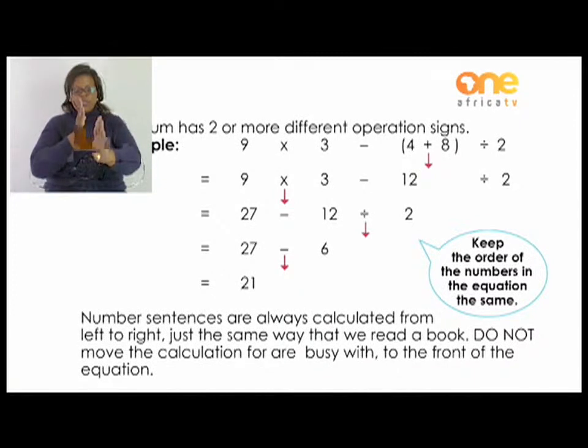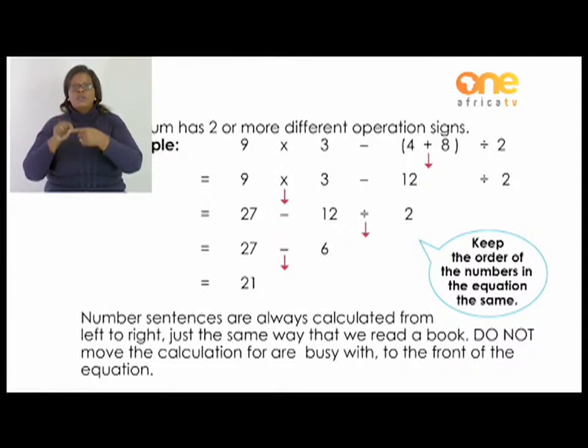So in this sum, the first operation that we will find there is multiplication. What is the answer to 9 times 3? 27. For our next step, 27 minus 12 divided by 2.